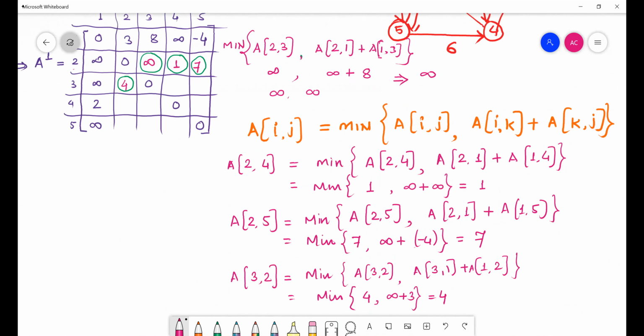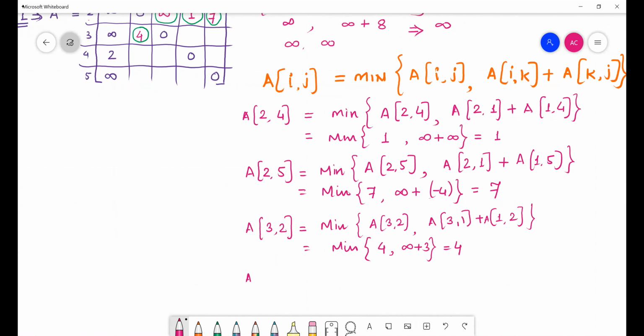What is 3 to 3? It is already 0. 3 to 4 will be infinite, and 3 to 5 is also infinite.